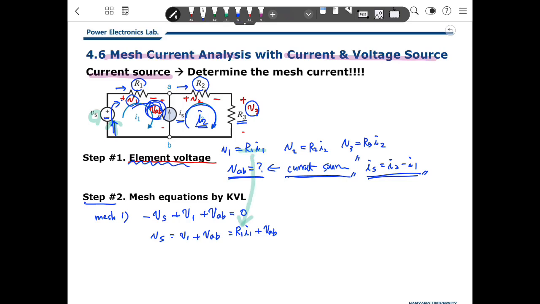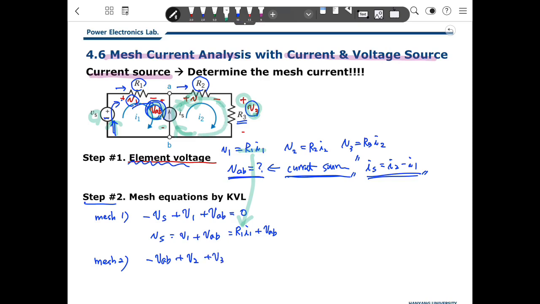And we will make a second mesh equation, mesh 2. Here we will start, so we stay here. We meet VAB, but the direction is minus, so we write minus VAB. And we go up and meet V2, so we write plus V2. And we meet V3, so we write plus V3.